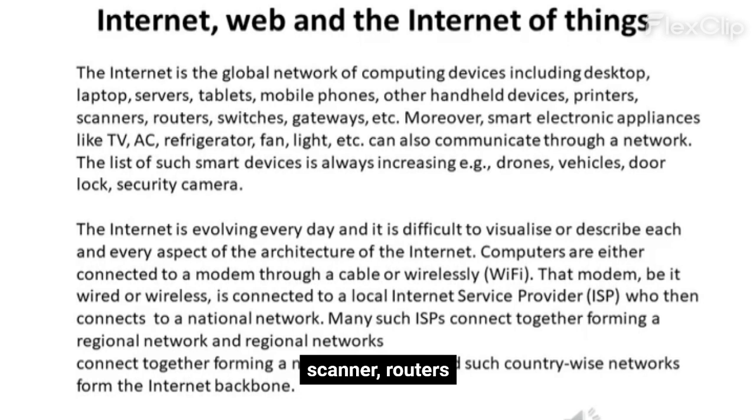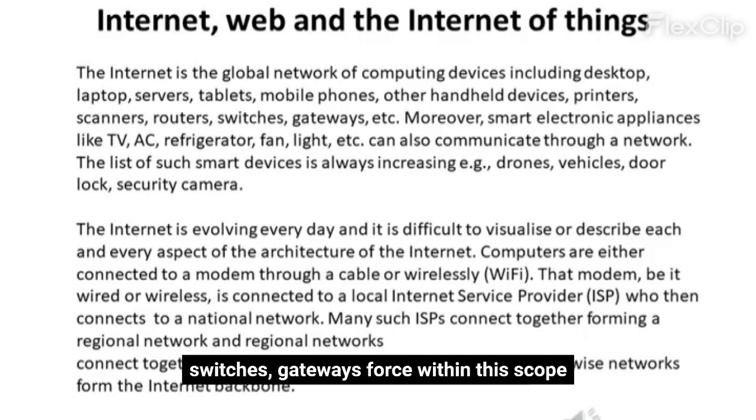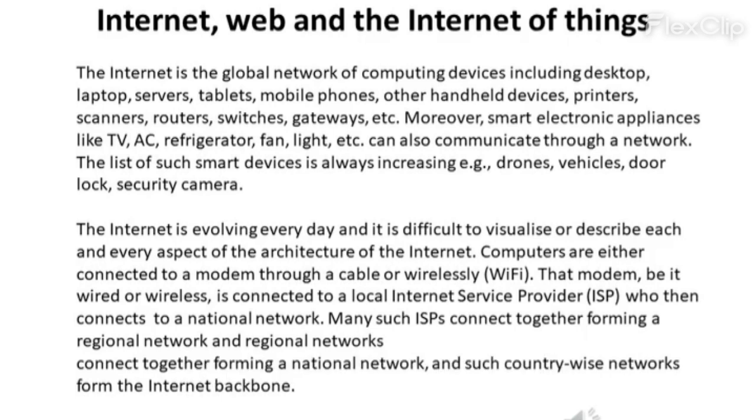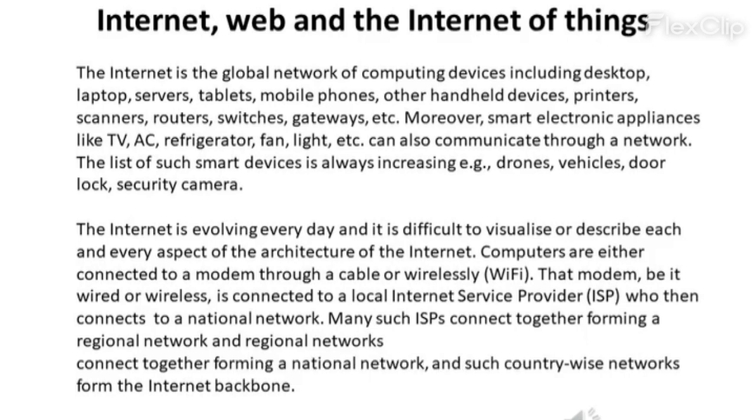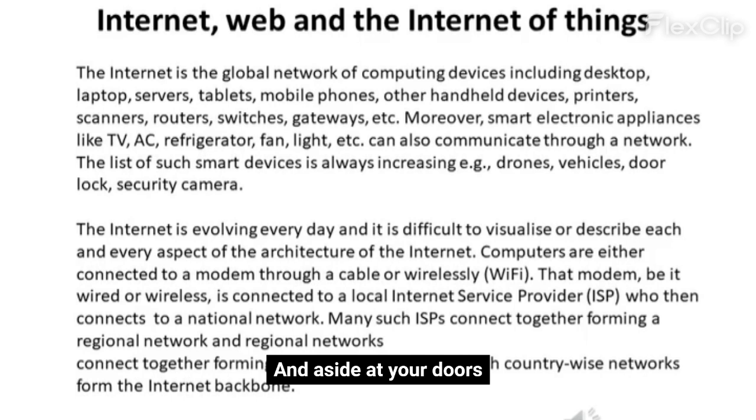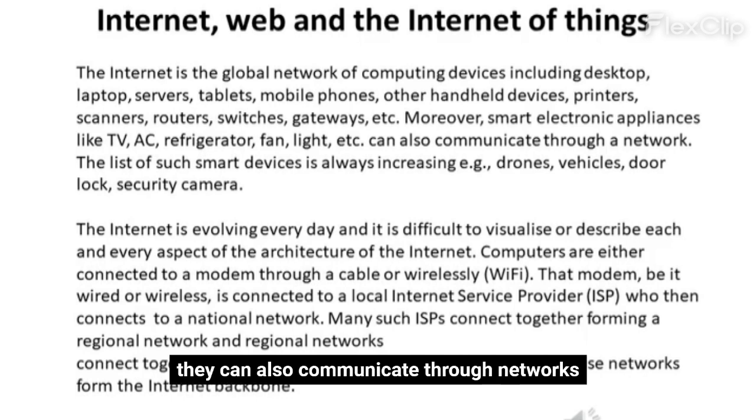Aside from that, printers, scanners, routers, switches, and gateways fall within this scope. Smart devices like TVs, refrigerators, and AC fans can also communicate with the network. And your doors, security cameras, and the like can also communicate through networks.